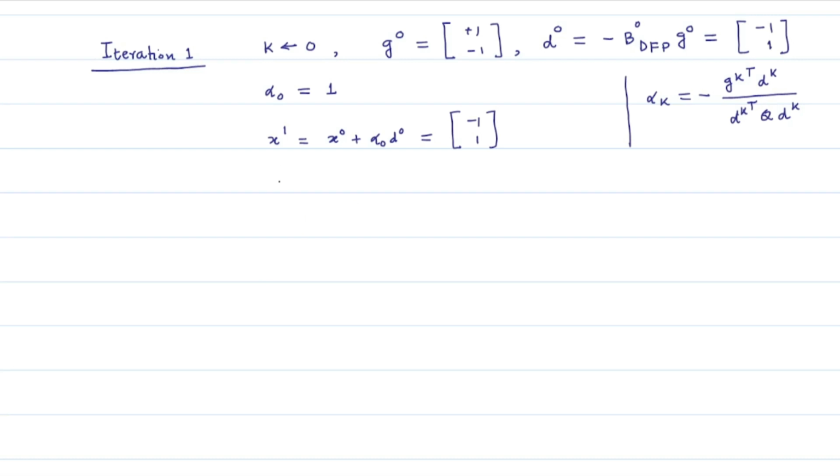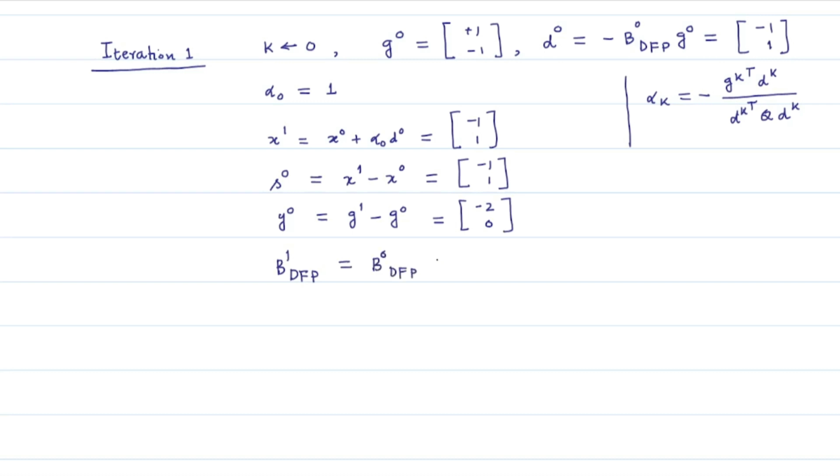For that we require s0, which is given by x1 minus x0, that is equal to (-1, 1). We also require y0, that is g1 minus g0, which is equal to (-2, 0). And therefore B1 DFP is equal to B0 DFP plus s0 s0 transpose divided by the scalar s0 transpose y0. This is just a convenient way of writing.